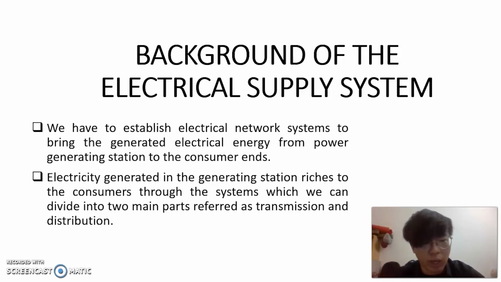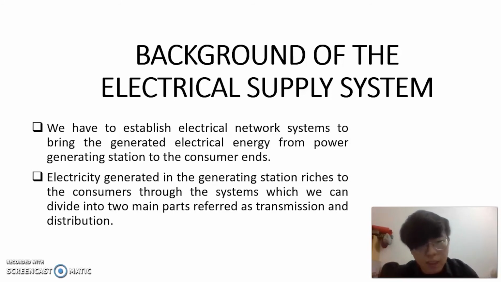So we have to establish an electrical network system to bring the electrical energy from the power generating station to the consumer end. The electricity generated in the generating station reaches the customer through the system, which we can divide into the main parts of transmission and distribution. We call the network through which the customer gets the electricity from the source the electrical supply system.